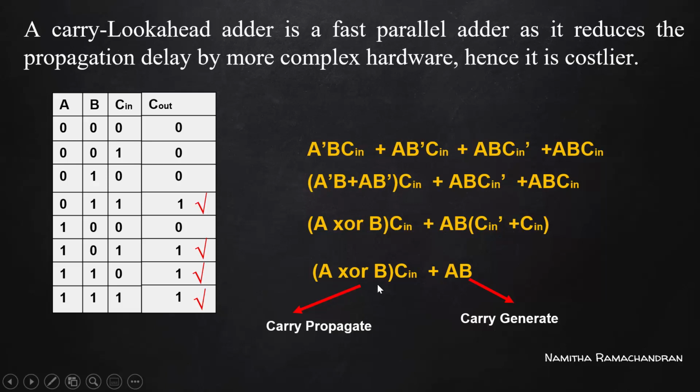This A XOR B is carry propagate, A and B is carry generate. So keep these terms in your mind. The complete expression for our carry out is A XOR B and C in, or A and B. In this, the term A XOR B is named as carry propagate, A and B as carry generate.